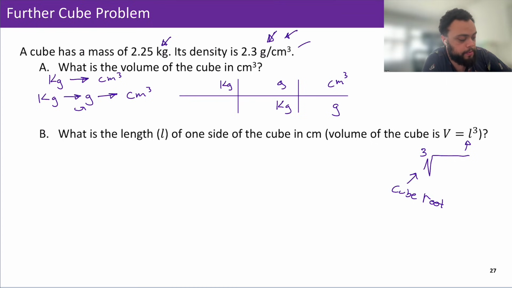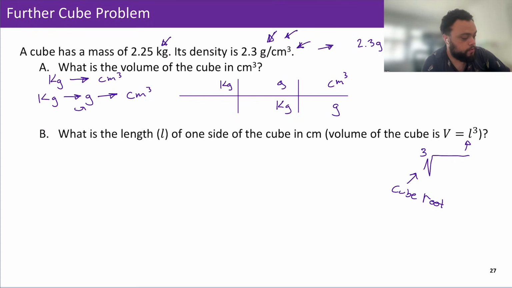Sometimes this can happen where it's grams divided by cubic centimeters, but we have to put the grams on the bottom. This is a common occurrence. Keep in mind that we can make this into an equivalency instead of a fraction, where we can say 2.3 grams is equal to 1 cubic centimeter, like that.